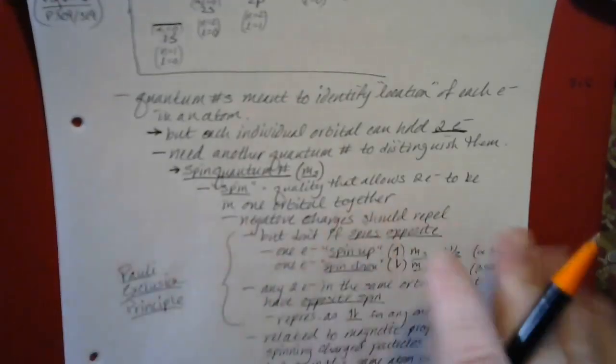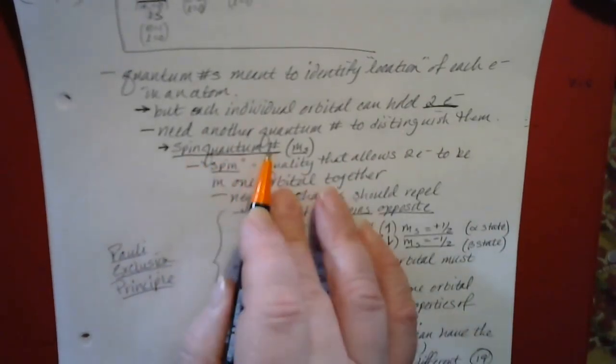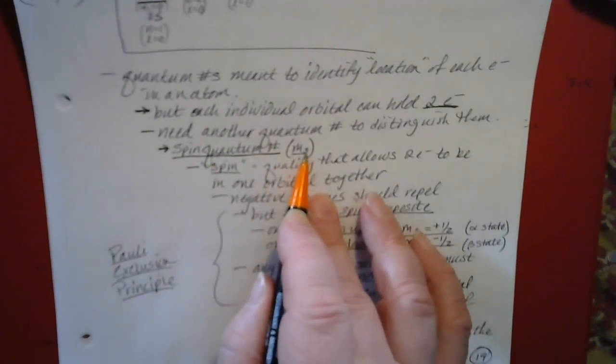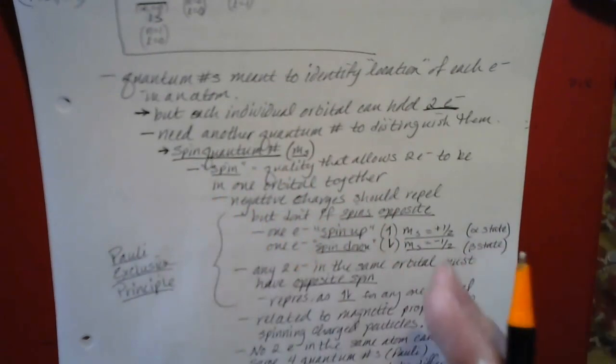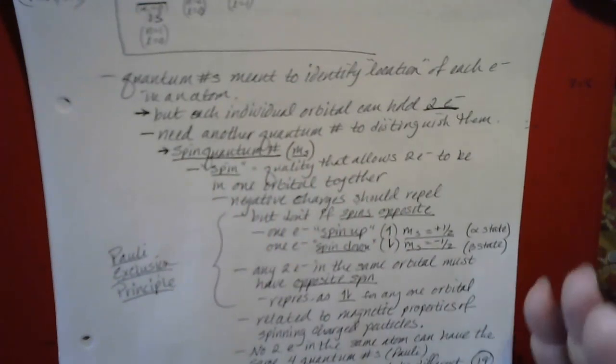And that's why we still have to introduce one more quantum number, and that is known as the spin quantum number. This is the 4th quantum number, m sub s. The quality of spin is what allows us to distinguish one electron from another when they're in the same orbital with each other.